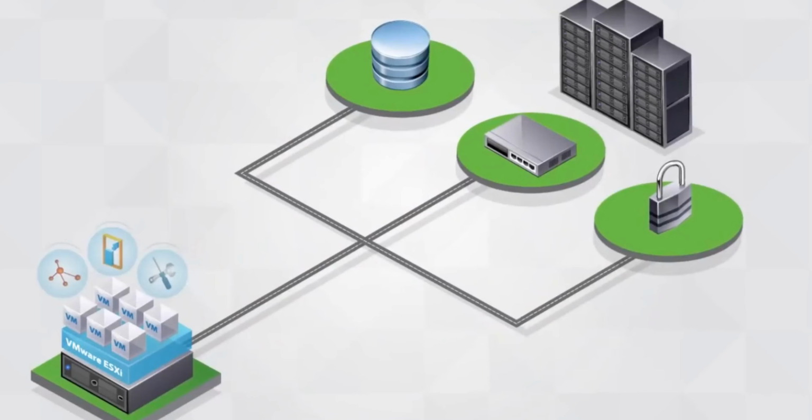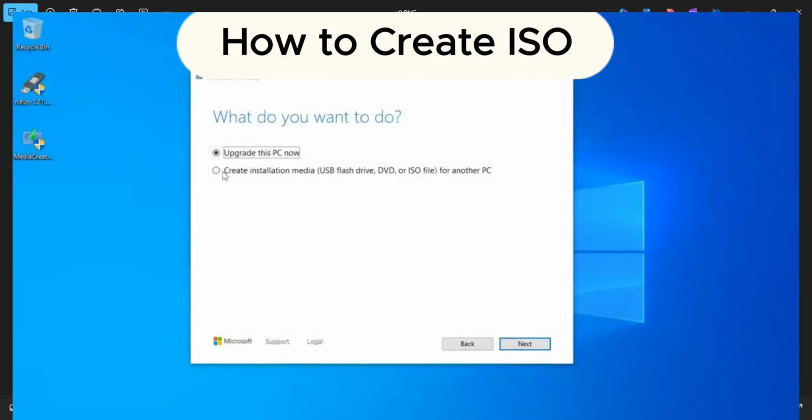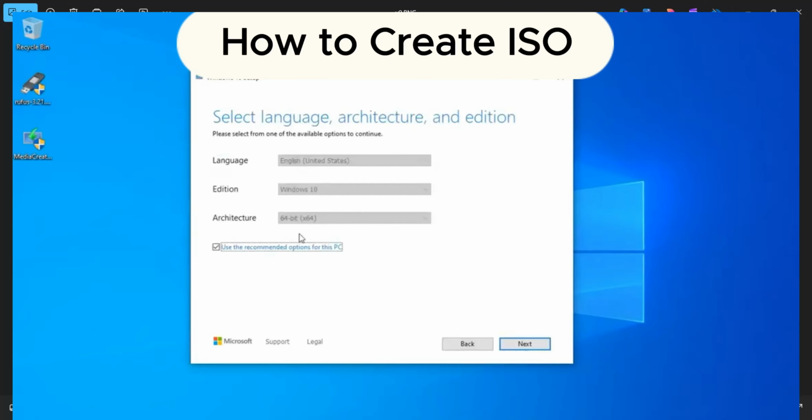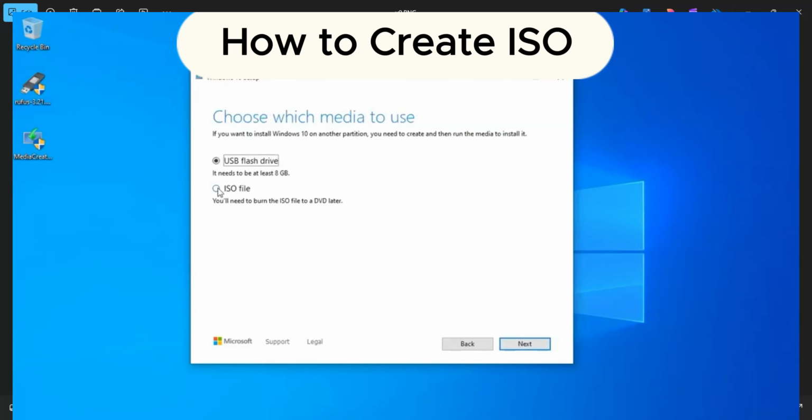So if right now I'm going to plan any virtual machine deployment, for that purpose I need the ISO file on behalf of which I can install the operating system. So let's move and find how we can create the ISO image. So here we go with the deployment of the ISO image. You can select any third party application for that purpose and select the specific options regarding the ISO creation.